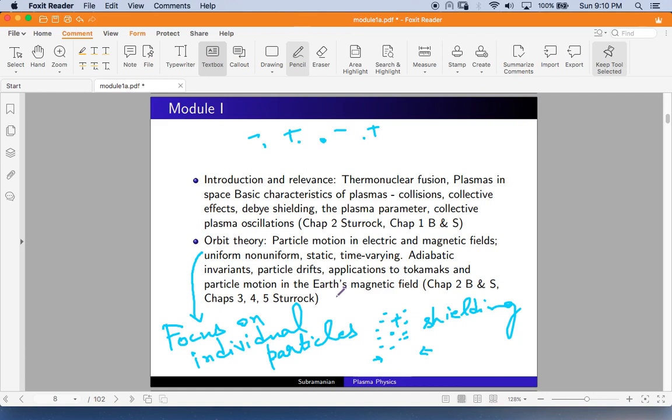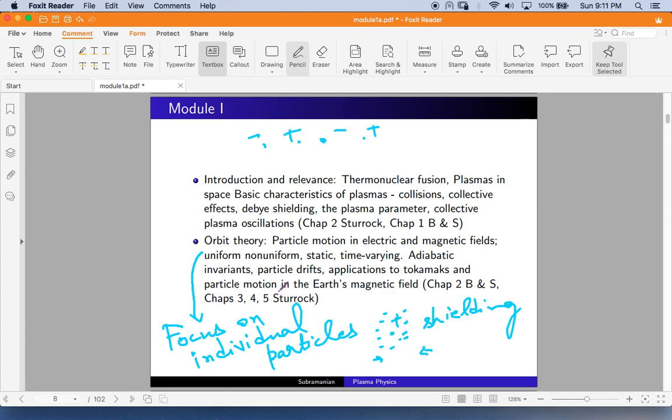Now, one other thing I wanted to emphasize as we go along is that although I'm pointing you to these chapters, by no means am I going to cover all the material that's in these chapters. You see, chapters 3, 4, 5, there's no way I'm going to be covering all the material in these chapters.